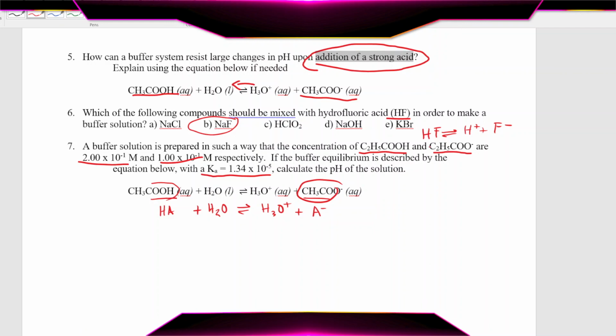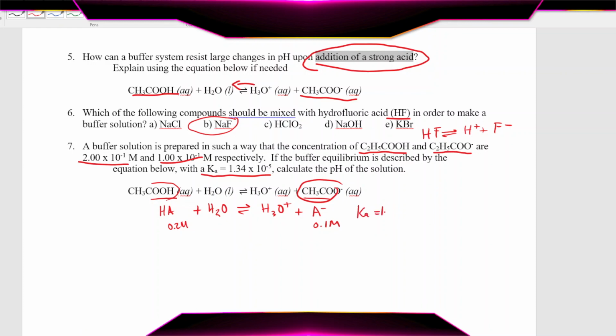And they gave us the concentrations for those. They told us that 2 times 10 to the negative 1 is pretty much 0.2 molar. And then here A minus is 0.1 molar. So they gave you the concentrations and they asked you for the pH, and this is the Ka.